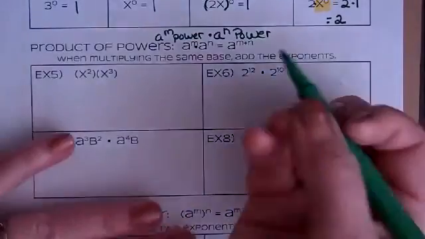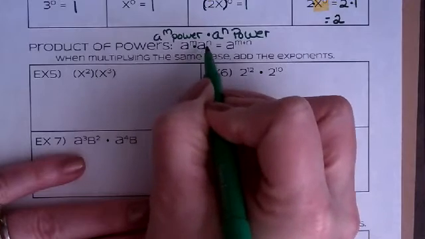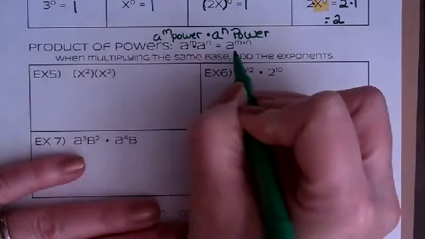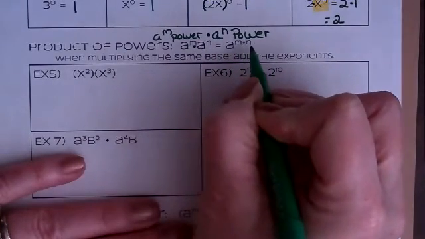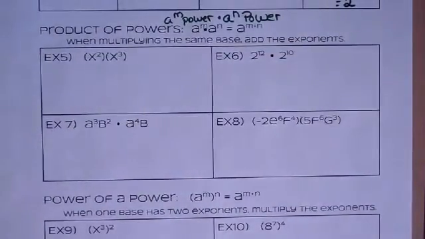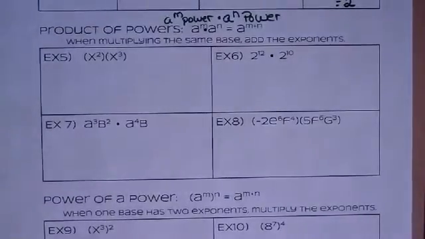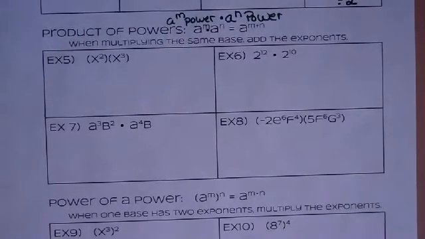Okay, so what the law says is a to the m power times a to the n power equals a to the m plus n power. Now, what does that really mean for us? Okay, what does it really mean? Well, let's take a look at that. I'm going to pull me out a little cheat sheet right here. And let's write this down.